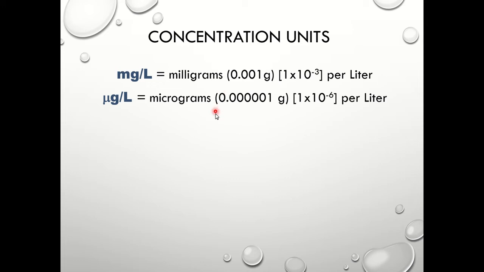If I take a liter of water, which concentration is bigger: 1 milligram per liter or 1 microgram per liter? Which has a stronger chemical concentration if I have the same size of water? Let's draw a little picture. Here's my 1 liter of water, and I have 2 of the same size.